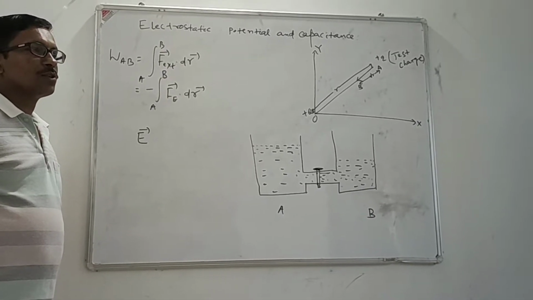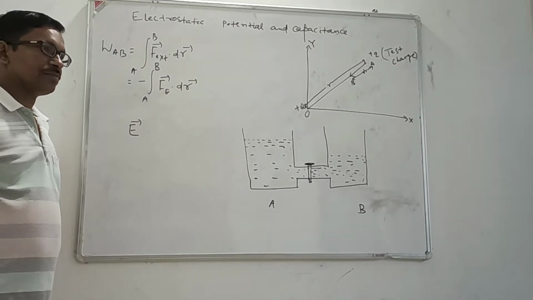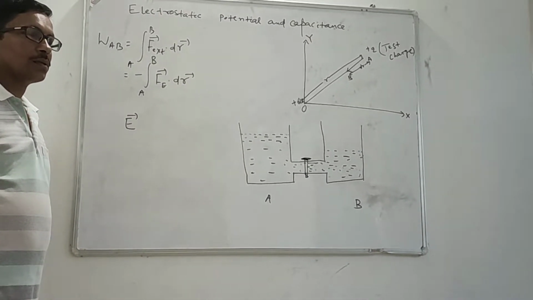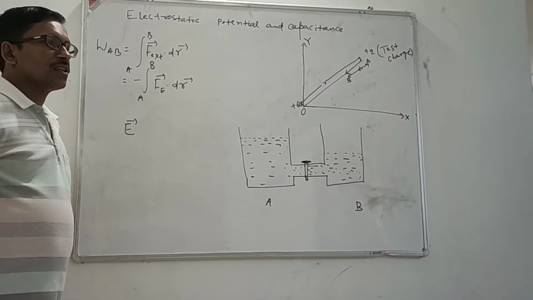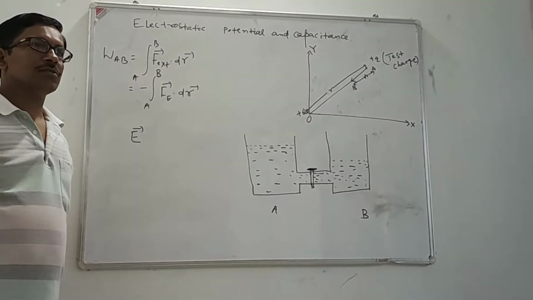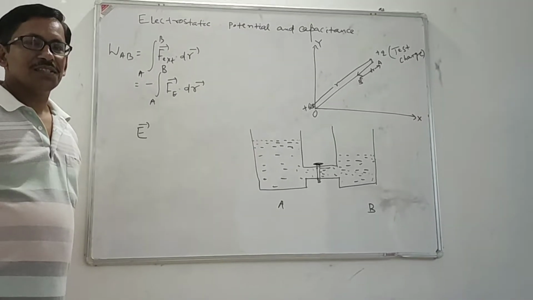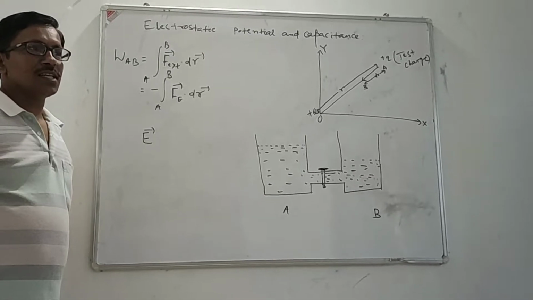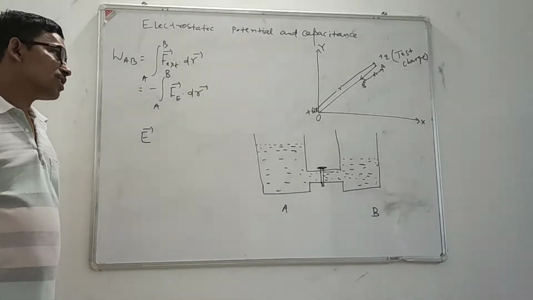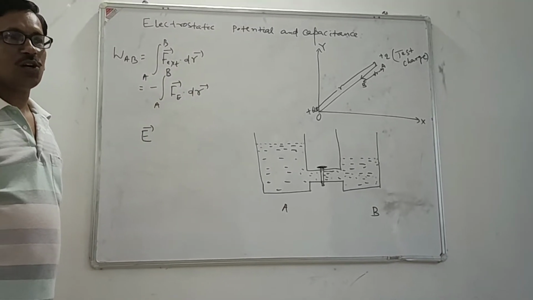What is electrostatic potential and electrostatic potential energy? In class 11 you have studied about the gravitational potential energy. What is potential energy? Potential energy is the energy due to position or configuration.